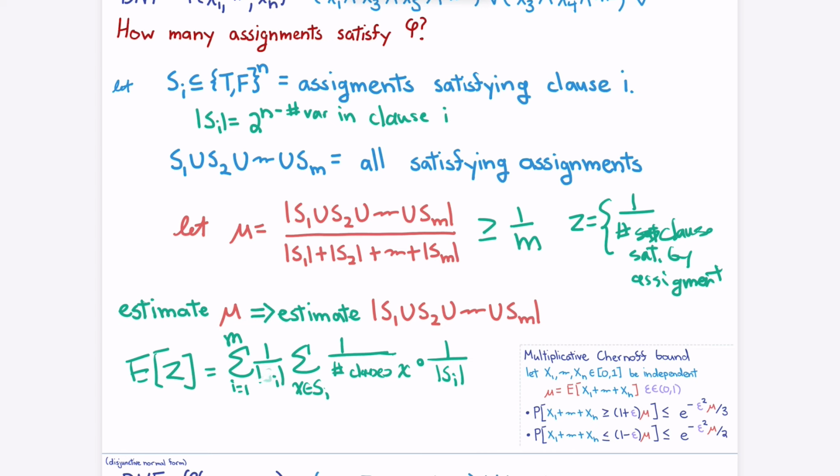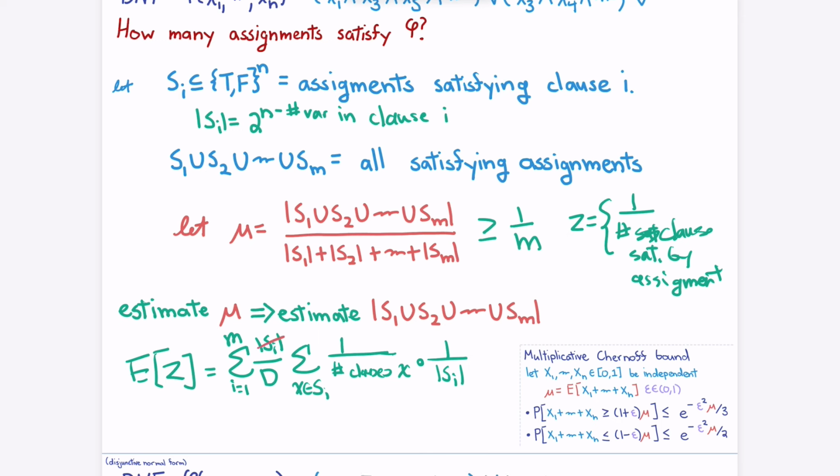The first part should be 1 over the size of S_i, times, I'll just write d for the denominator.